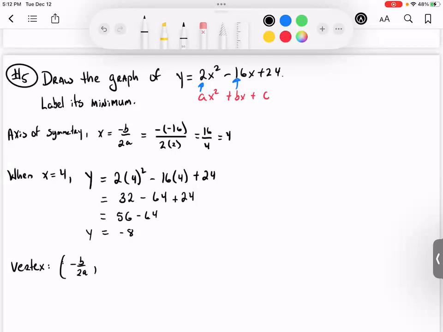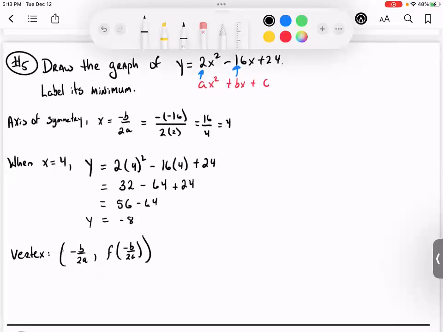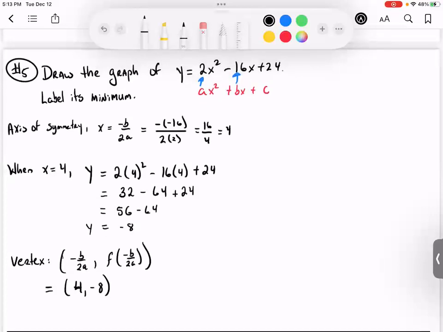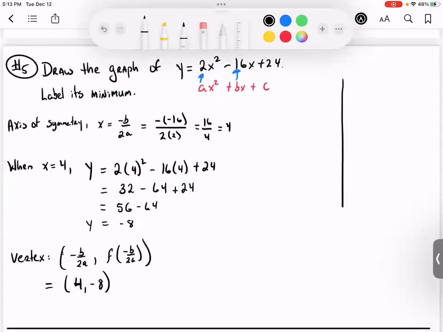If I plug negative b over 2a into the function, you always get the y coordinate. So for us, the vertex is going to be positive 4, comma, negative 8.